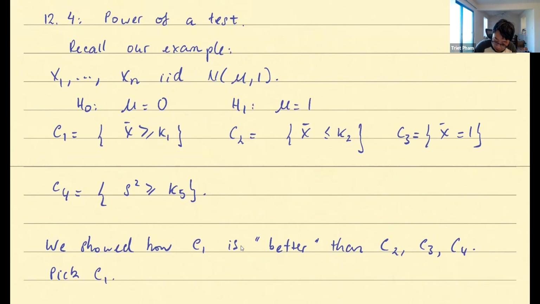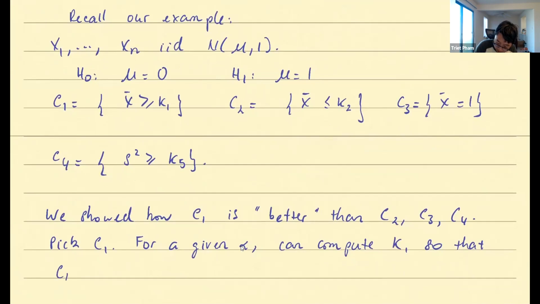So for a given alpha, I can compute K1, right? So that C1 has size alpha. And that was example 12.2.